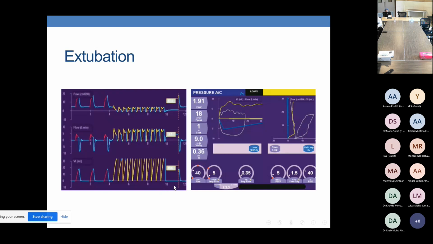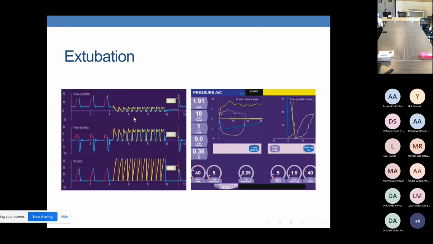Okay, but very importantly, this is a very important point. If the ventilator is alarming and you have this auto-cycling, and you come and check what the PIP received is, it will be very low. I'll come back to it.